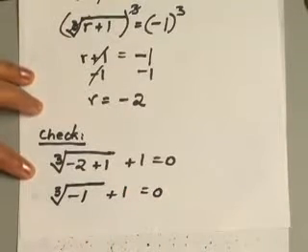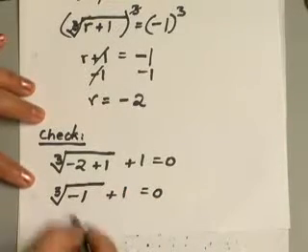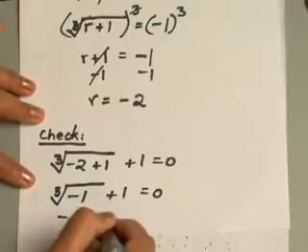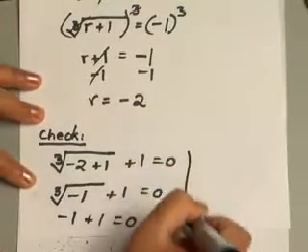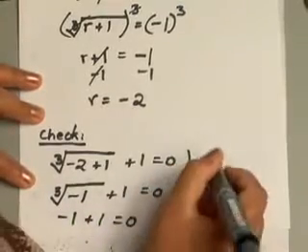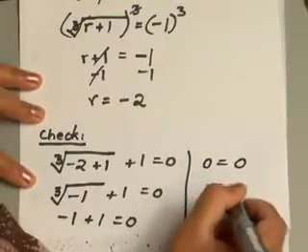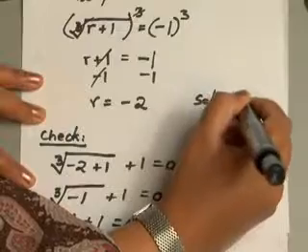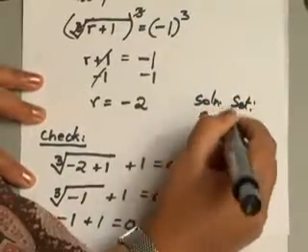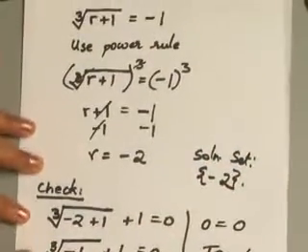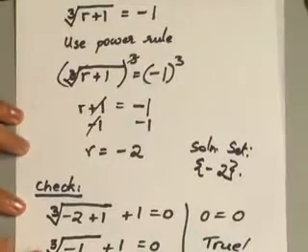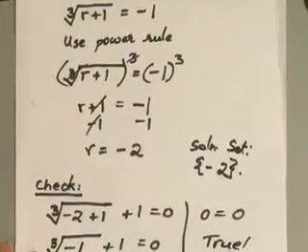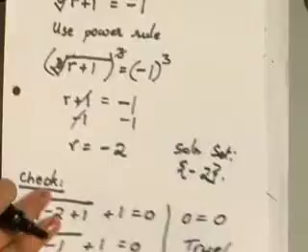Cube root of negative 1 is negative 1. And of course negative 1 plus 1 gives you 0. So you end up with a true statement again, and your solution set will be the number negative 2. So even with cube roots, you're still following the exact same idea that you did with square roots.